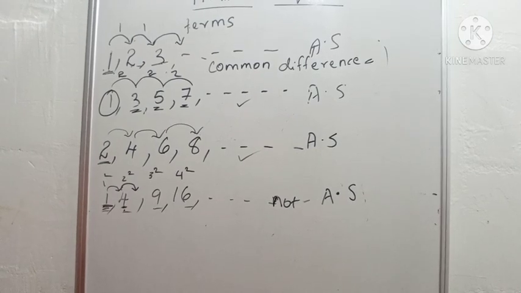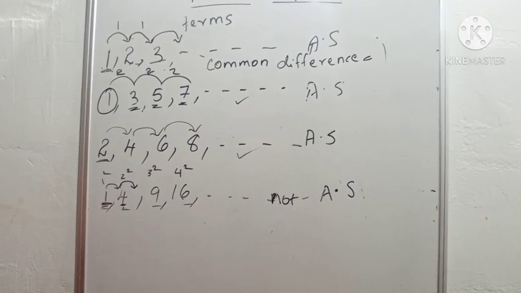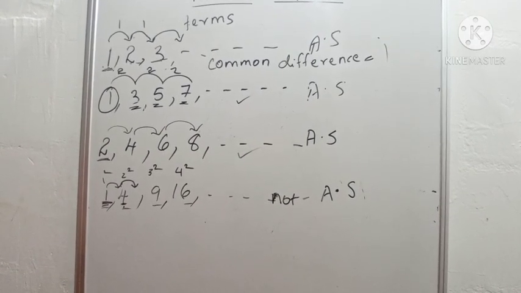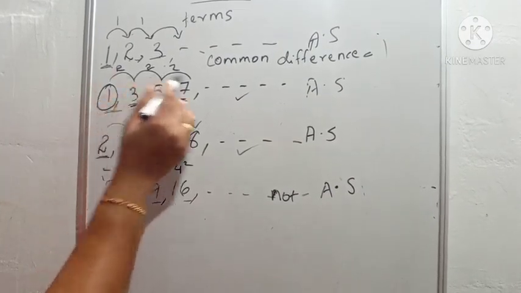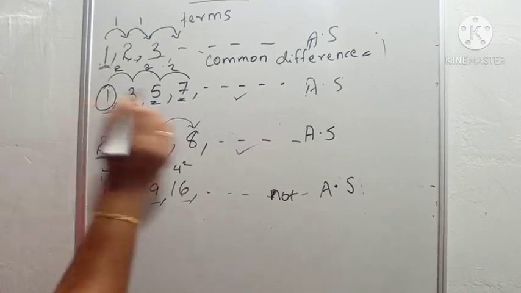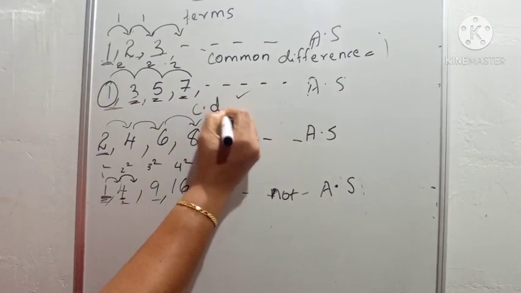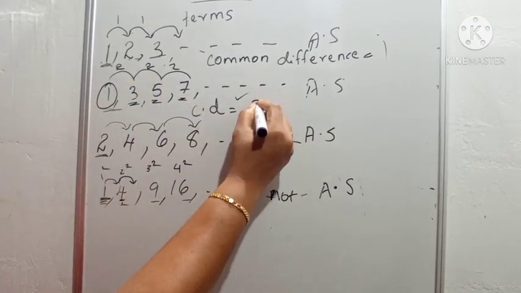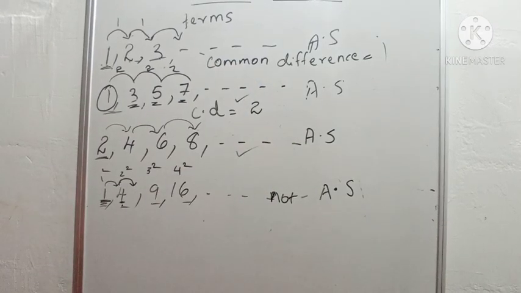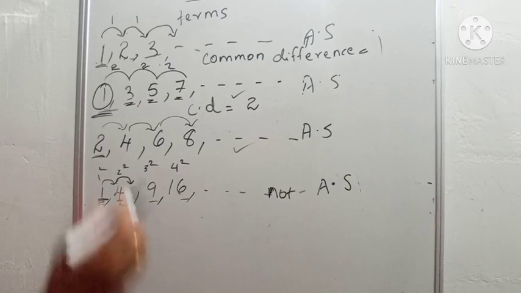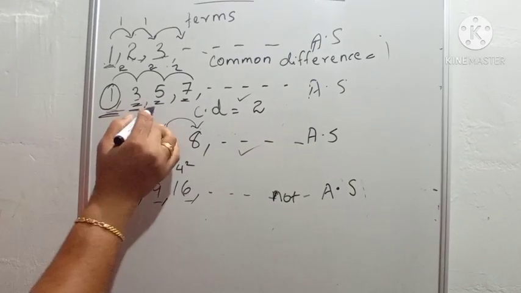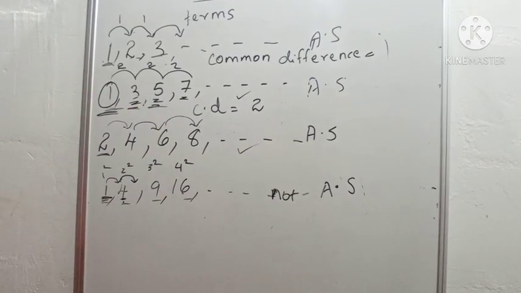Then what about this arithmetic sequence? This one is also an arithmetic sequence, and the common difference here is 2. What about the terms? First term is 1, second term is 3, third term is 5, like that.